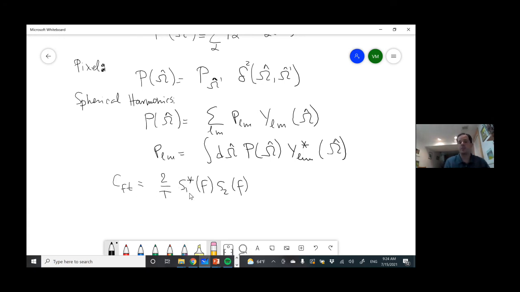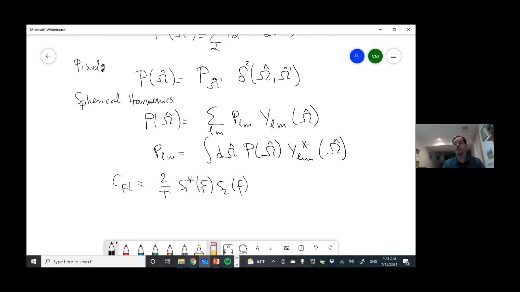And C will be a function of frequency, but it will also be a function of t in the discrete sense, because we have divided the data into many discrete time segments. This t is now an index that tracks which time segment we're analyzing. And in practice, f is also a discrete index because we're doing a finite Fourier transform of a finite time segment.